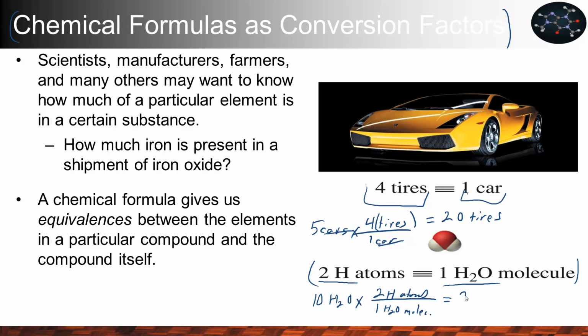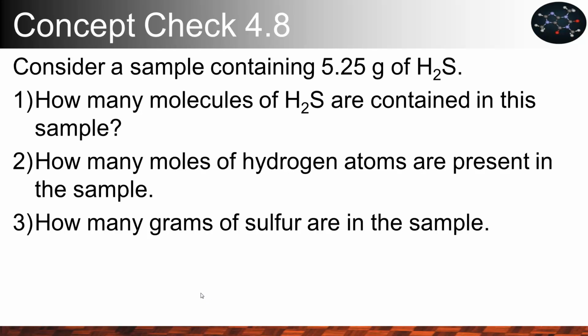It's going to give us 20 hydrogen atoms. And so these chemical formulas give us the ratio between the different types of atoms in that particular compound. And we can use that like we use any other conversion factor if we need to.